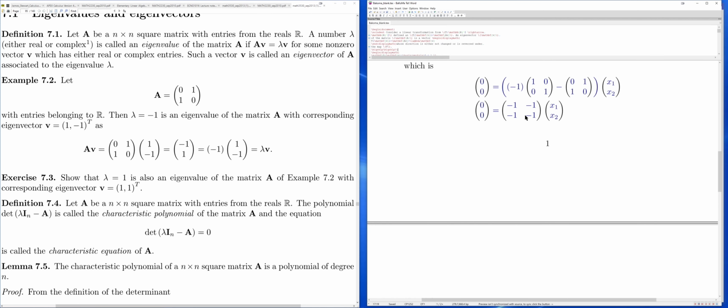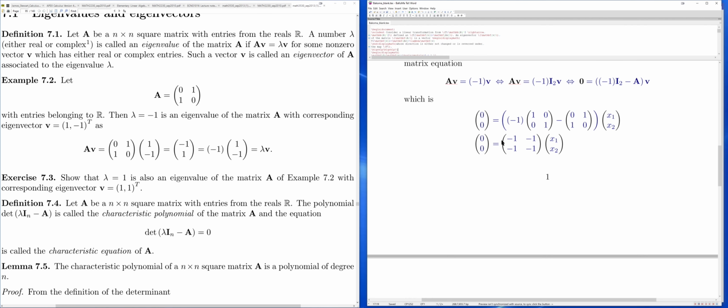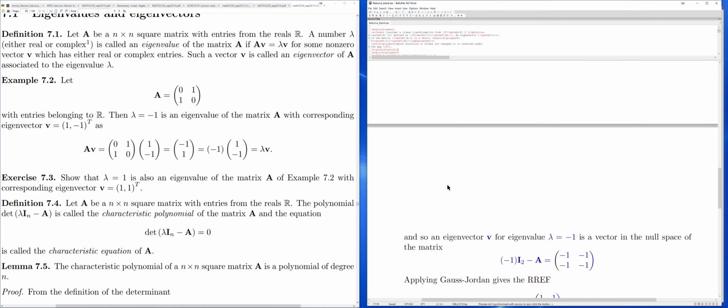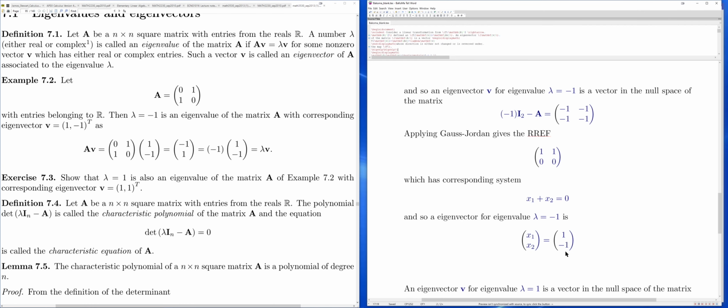Notice that 1, minus 1 satisfies this matrix equation when you multiply it out. This matrix equation comes from the form minus 1 I2 minus A times V, which is equivalent to AV equals minus 1 V, which is really the definition of an eigenvector corresponding to eigenvalue lambda equal to minus 1. So what I found, 1, minus 1, is an eigenvector corresponding to the eigenvalue lambda equal to minus 1.